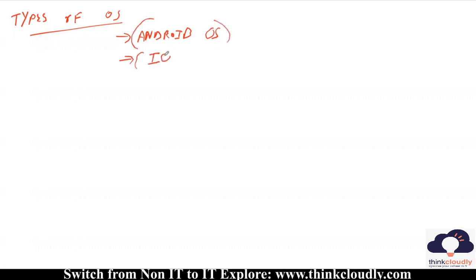Basically all the iPhones, they have a separate operating system, that is iOS. So they have named it iOS, but again, that is also doing the same job of facilitating between the hardware and the software. These are the very popular operating systems used in smartphones.